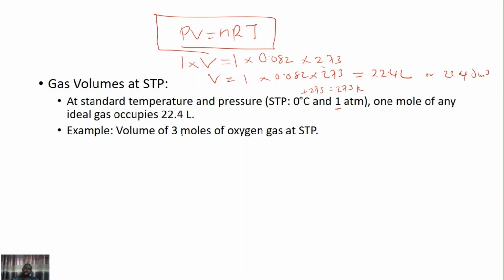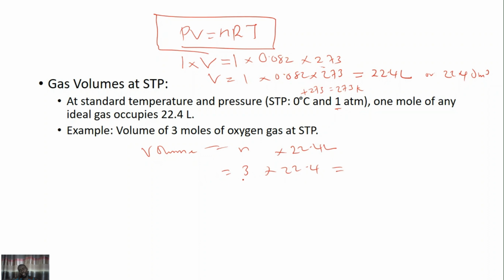So you may be given the mole of a gas and you'll be asked to calculate volume. All you need to do is volume is equal to the number of moles times 22.4 liters. In this case, it is 3 moles times 22.4, which is equal to what?